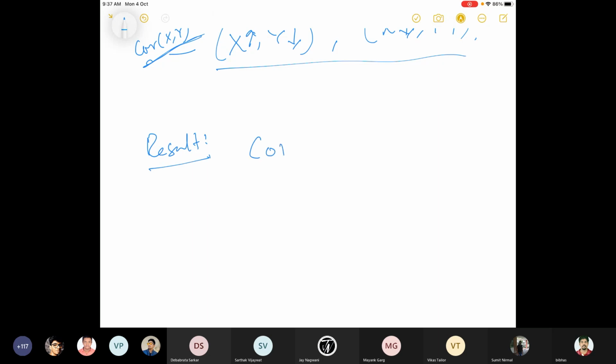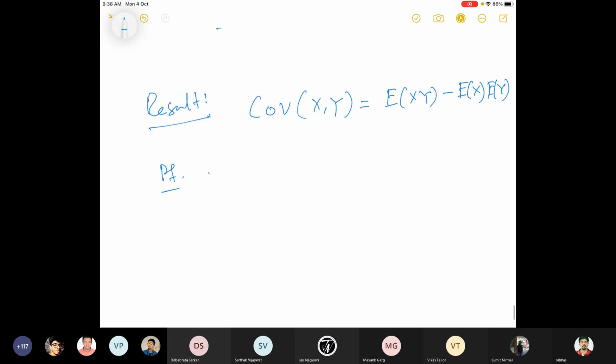In fact, we'll prove that covariance of X and Y is nothing but the product moment minus the product of the marginal moments, so E of X times E of Y. Let us just prove this. So this is covariance of XY.